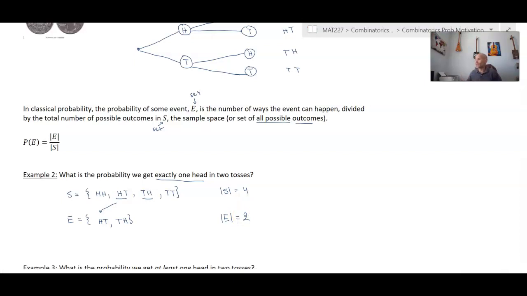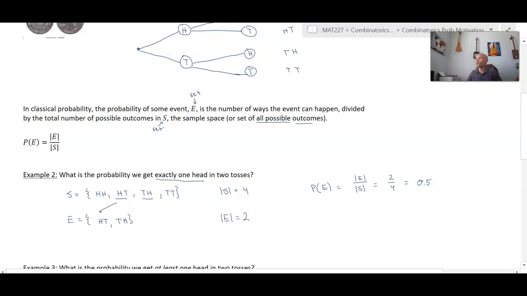Now, since these are equally likely, the probability that event E happens, if this looks like function notation, it's because it is. It's what is the probability of that event? Well, it's the number of ways that event can happen divided by the number of things that can happen, and that's 2 out of 4, which we could leave as a fraction, but typically we express them as a decimal.